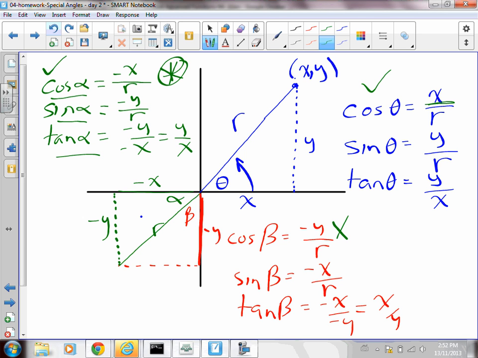Same sort of thing with sine, and same sort of thing with tan. When I attach my terminal arm to the y-axis, my sines and cosines are reversed from what we want them to be. And so we want to make sure we always draw the triangle back to the x-axis.